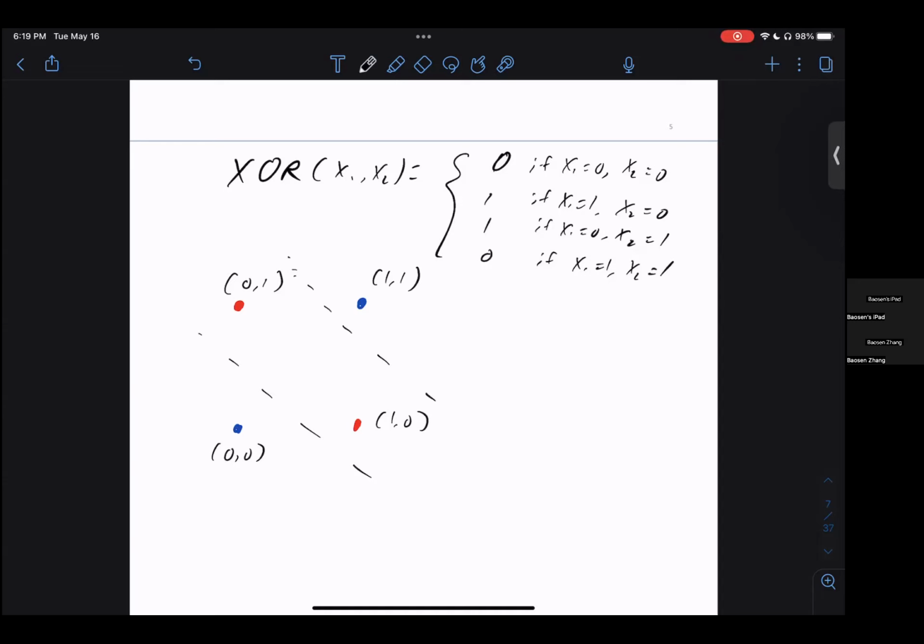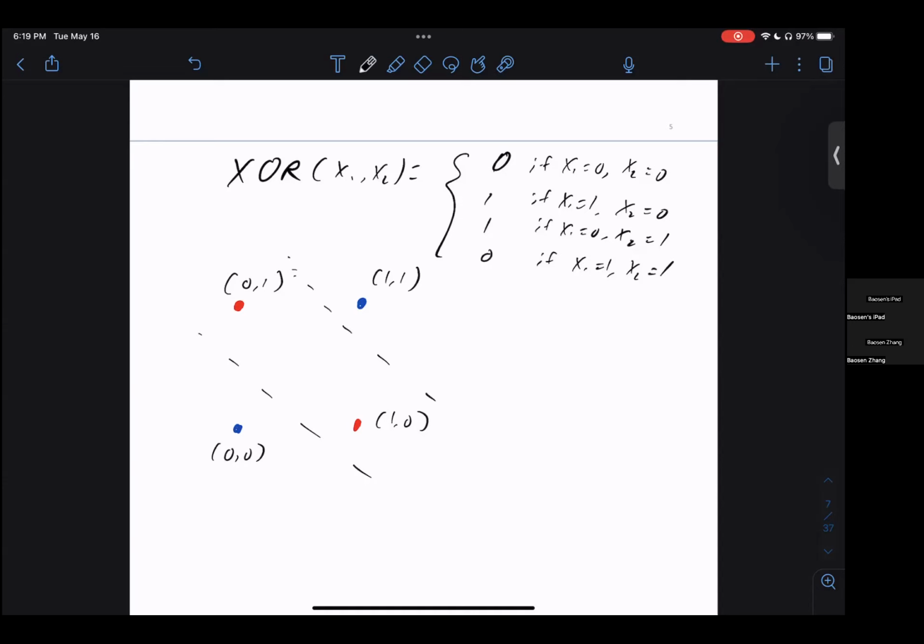If one line doesn't work, have more lines, right? Just add lines until it works. And in fact, it doesn't matter how complicated your classification problem is. You can always break up the plane into small regions, and each region only contains one class of points. That's what you can always do.